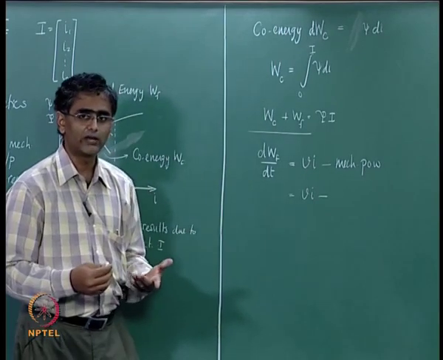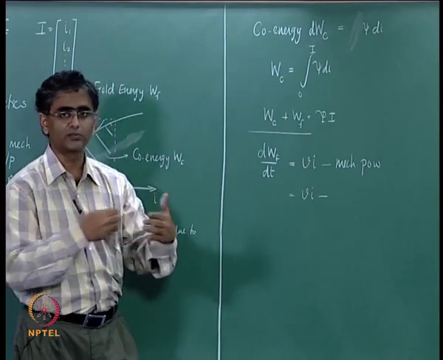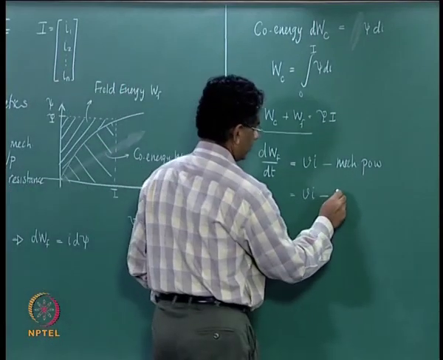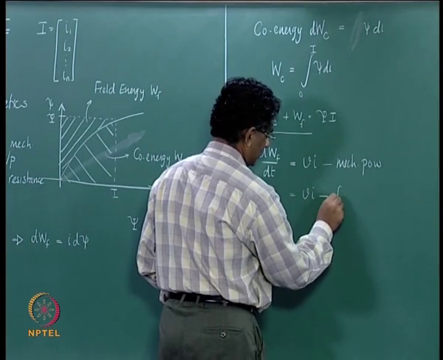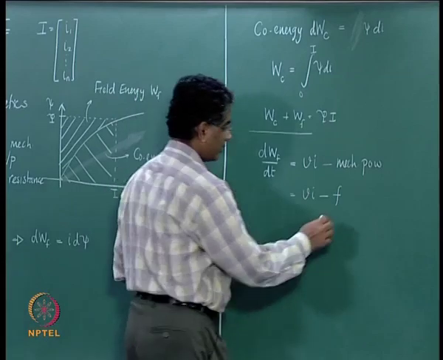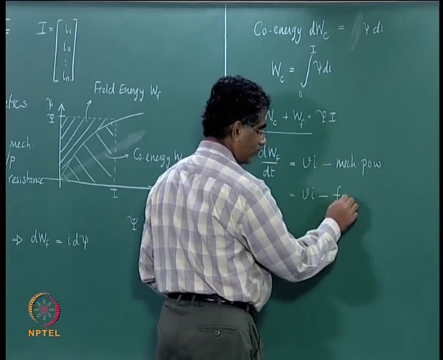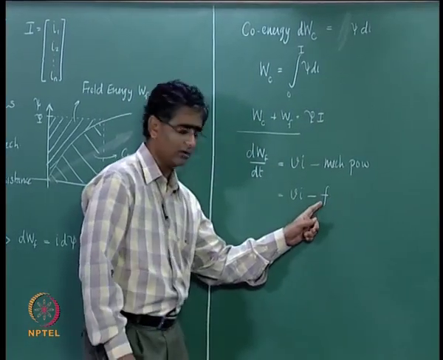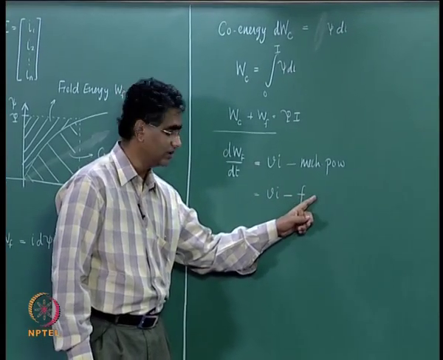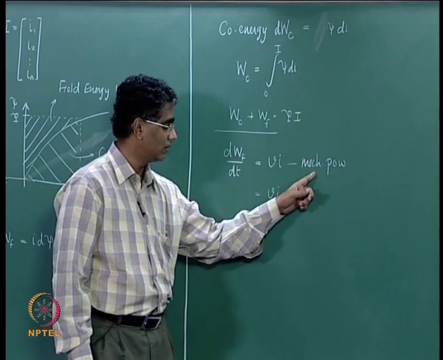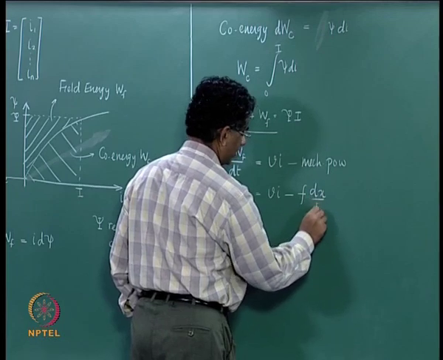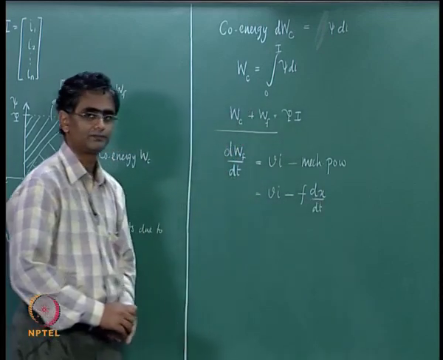now let us look at a system which has a linear displacement, which is what we started out with in the beginning, and you can write that therefore as the force that is developed F multiplied by the velocity, which gives you the mechanical output, and therefore one can write that as F into dx by dt.